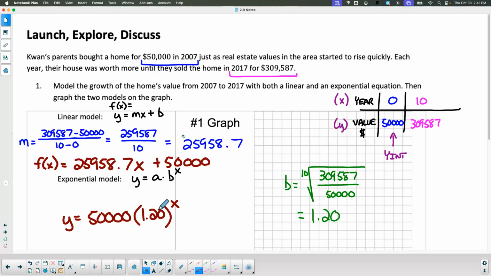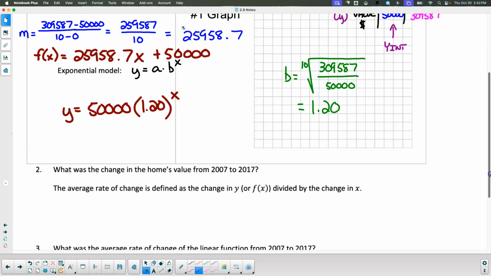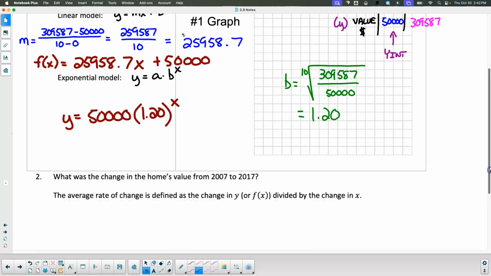Now, there's a bunch of questions that we're going to talk about here after this. We're going to skip a few of them, but I do want to talk about at least the first one, or the three that are right underneath this. So the first one is, what was the change in the home's value from 2007 to 2017?